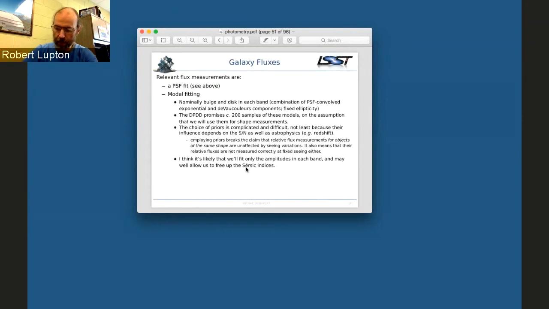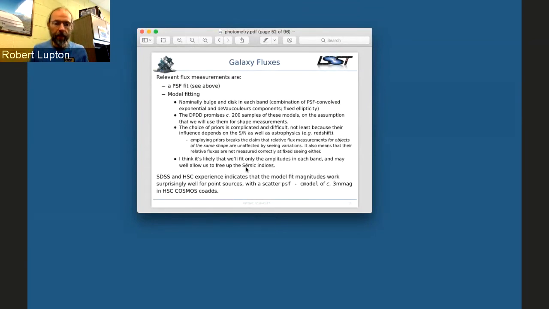So I would be extremely surprised if the modeling that we do doesn't, in fact, fit, as it were, two surface components with amplitudes freed up between the bands, rather than freeing up the scale lengths or something like that between the bands. Okay. And this is a parenthetical note: model fit magnitudes work incredibly well for point sources. This is really embarrassing, actually, because it shouldn't be true. In Sloan, the model fits are actually slightly tighter than the point spread function fits for stars.